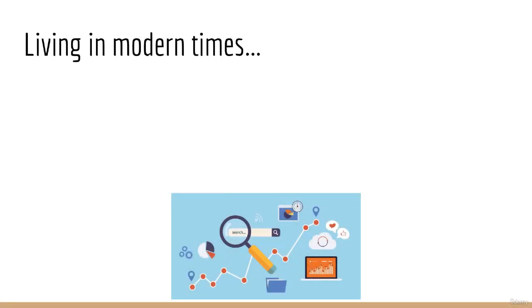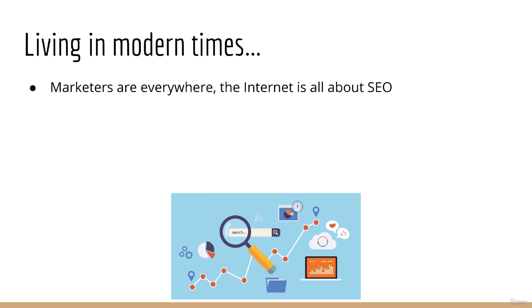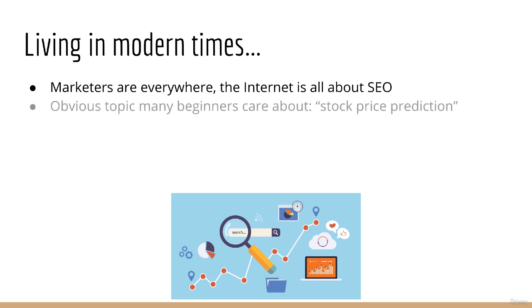There's one application I've seen a lot, which I think is a very interesting consequence of the times that we live in. Today, there are marketers everywhere on the internet. The name of the game is SEO, search engine optimization. Everyone is trying to get clicks for their blog or to get people to sign up for their course or whatever. And of course, one of the obvious topics that many beginners care about is stock price prediction.